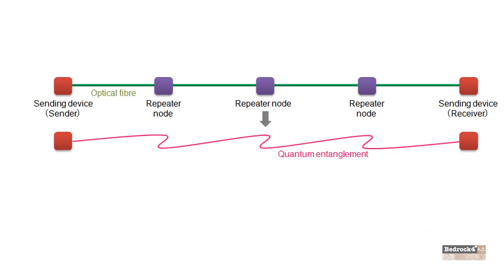In this case, data transmission will be done using entangled photon pairs, where one of each pair of entangled photons is with the sender and receiver respectively. Any changes done by the sender to the photons on their end will change the state of the photons of the recipient. This process is called teleportation.